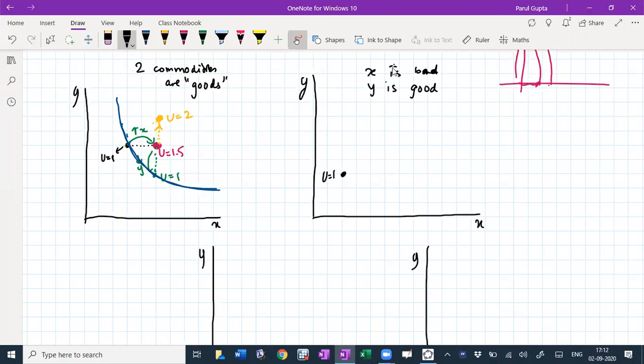We will later see what kind of utility functions capture these kinds of commodities, but right now we're just drawing a general indifference curve. From this point, if I move to a point like this, am I happier here or was I happier at the black point?